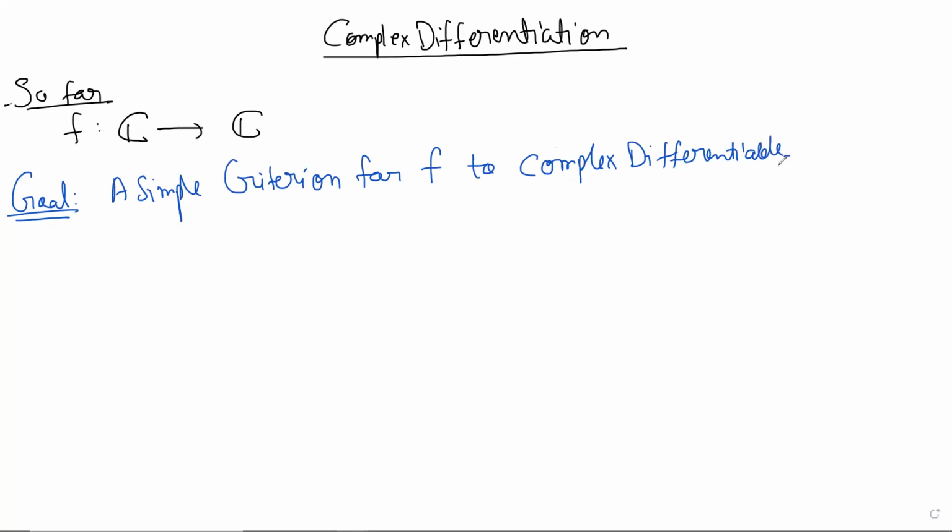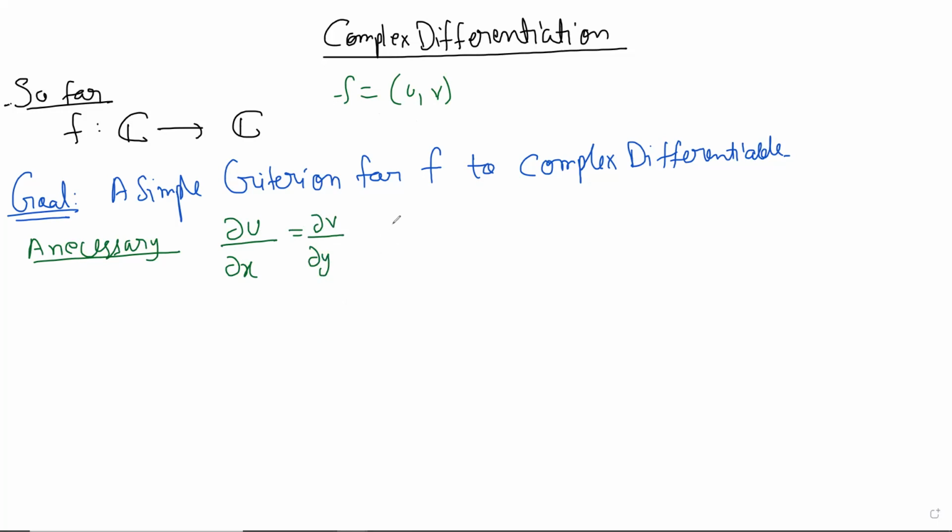Yeah, and we already have a criteria, a necessary criteria, which we derived the last time. Again, it turns out to be in terms of u and v, the real and the imaginary parts. It says that you take the real part and take the derivative with respect to x, or you take the imaginary part and take the derivative with respect to y, and they are equal.